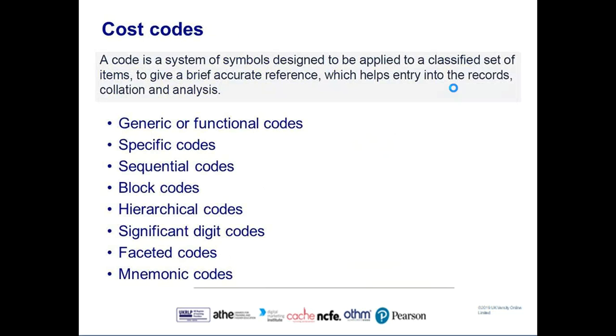Cost codes. Especially nowadays we are looking at different systems. A coding system is a set of symbols designed to be applied to classify a set of items with brief, accurate reference. It helps entry into the record and the analysis.